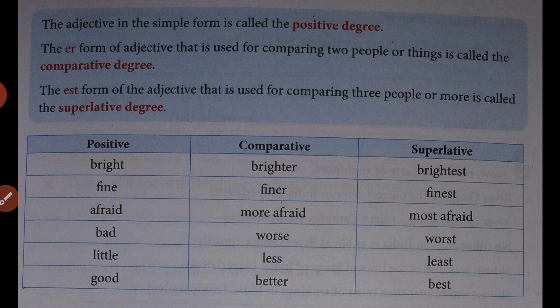Here in this table we can learn positive degree is given, but there is given C. The adjective in the simple form is called the positive degree. It means whenever we use the adjective for comparison and the adjective remains itself in the root form, that is in simple form.